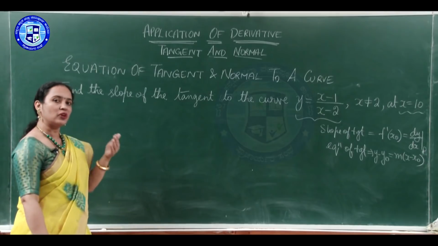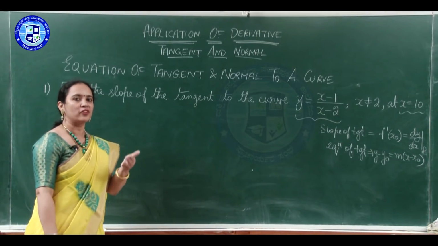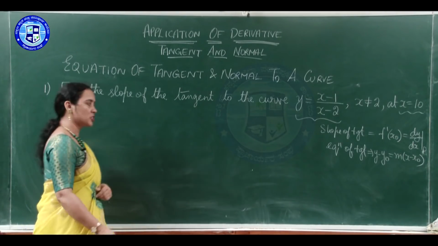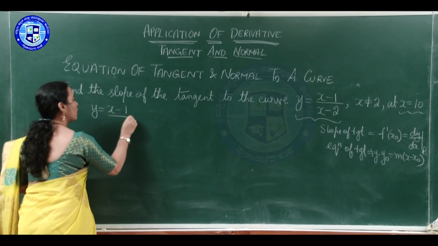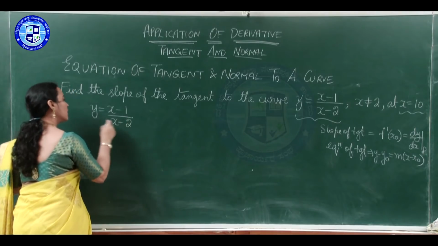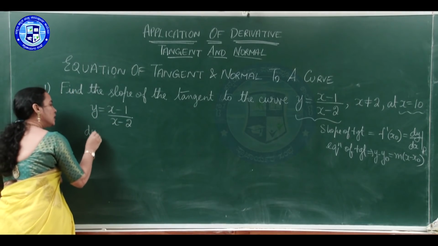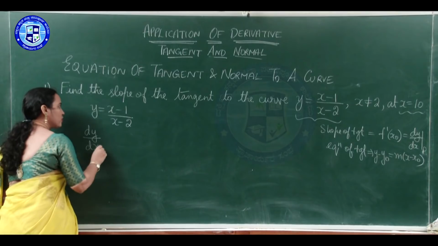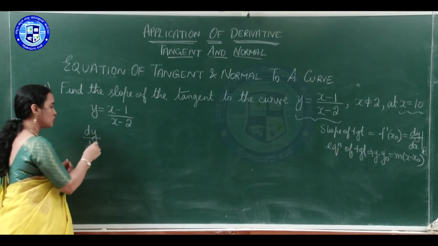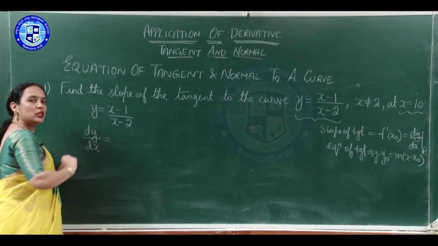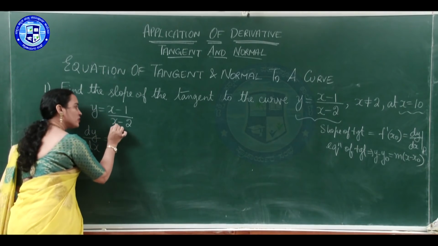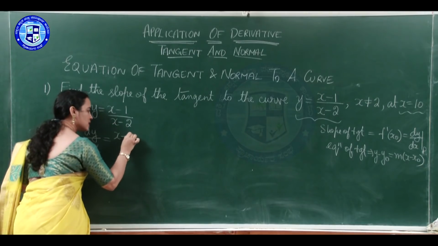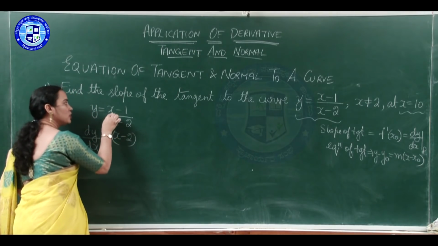So, what to do to find the slope of the tangent? You have to differentiate the given function. So, y is equal to x minus 1 upon x minus 2 is given. Differentiate dy by dx, you are differentiating y with respect to x. Which rule will you apply over here? Quotient rule. What is the quotient rule? First keep the denominator as it is, differentiate the numerator.